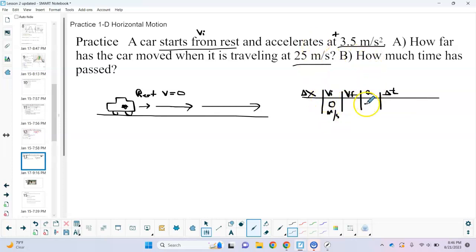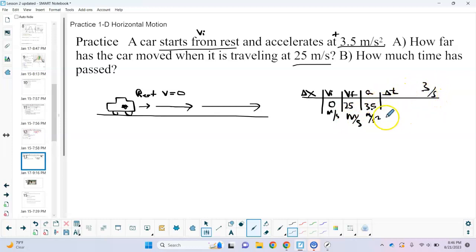It accelerates at 3.5 meters per second squared. vf is going to be 25, because it's the velocity at the end of the time period. And that's it. We got 3 out of 5. We're good to start solving.